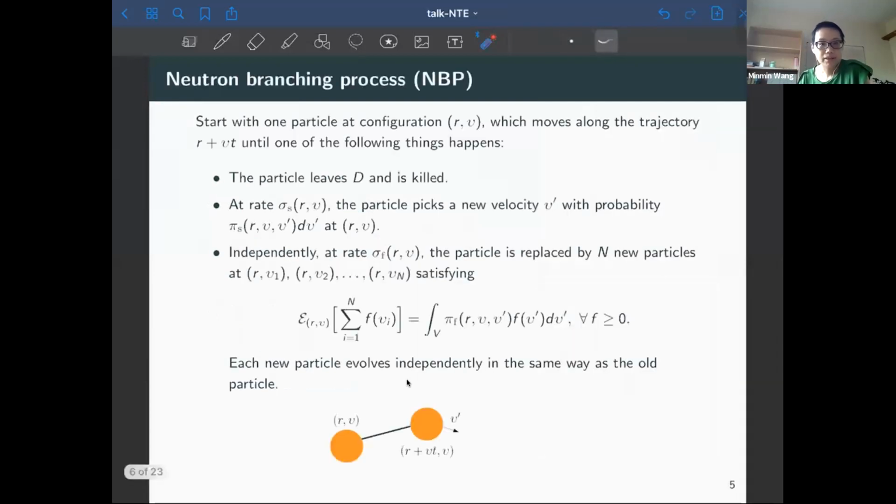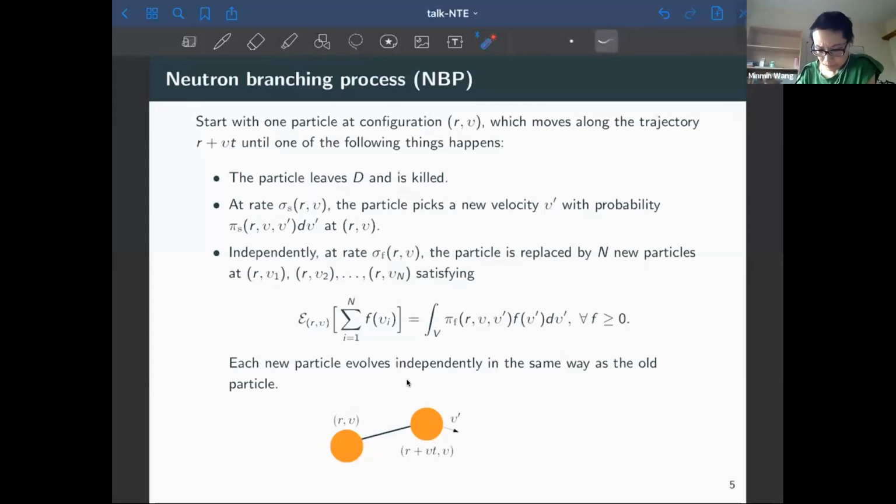So here we go. Let's start with the neutron branching process. As I said, this is a branching particle system. Let's say we start with 1 particle at the configuration r, v. If you recall the interpretations of the coefficients in the neutron transport equation, what happens below should appear very natural.